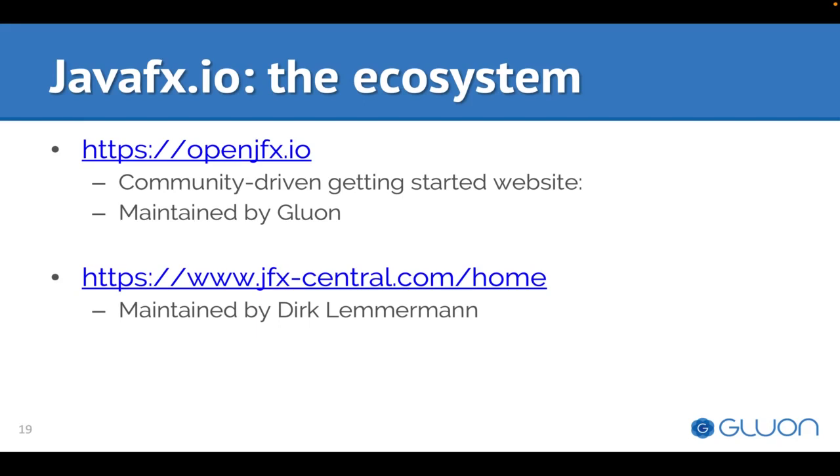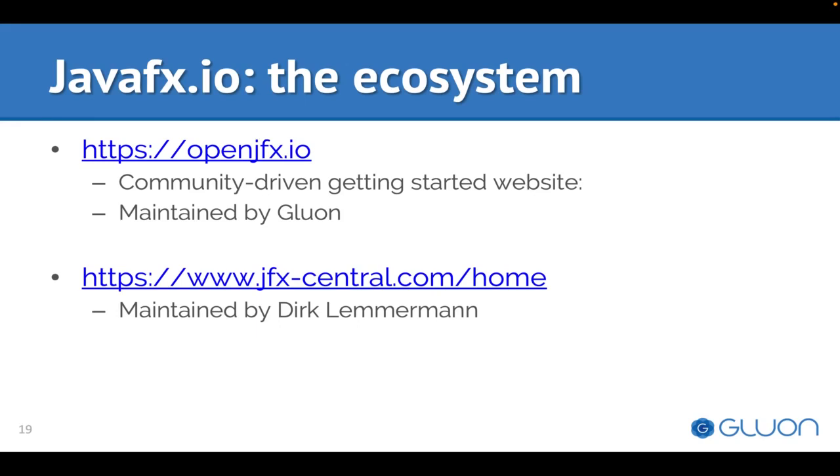The ecosystem, I mentioned that a number of times. It's one of the major benefits that JavaFX has. There are two sites that I want to mention here. OpenJFX.io is a site maintained by us at Gluon, but it's community driven. The content is in GitHub, and it provides a getting started website.